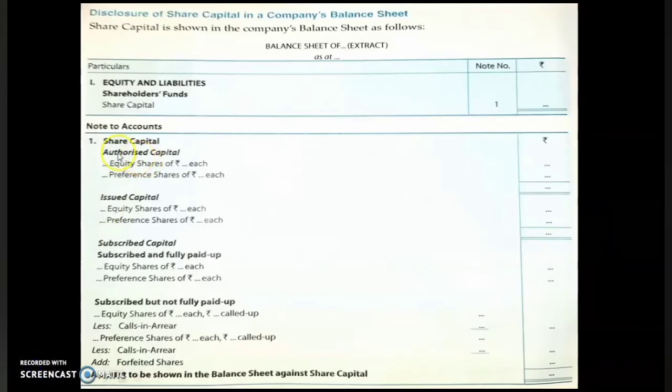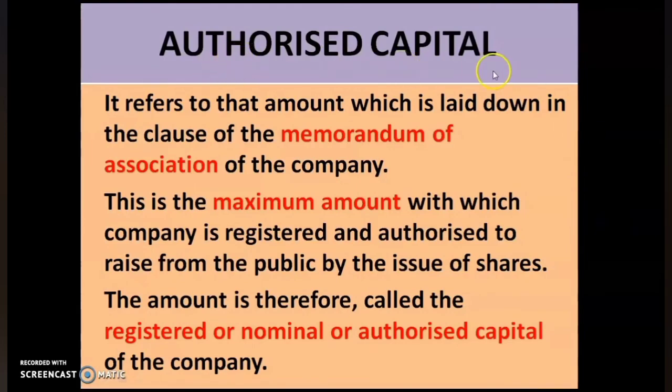Now let us discuss what each of these terms means. First of all, authorized capital. It refers to that amount which is laid down in the clause of the memorandum of association of a company. In our previous class, we have discussed how the companies are incorporated, how it gets established. You have seen that the promotion stage is there, the incorporation stage is there.